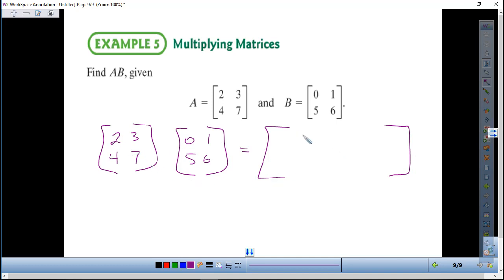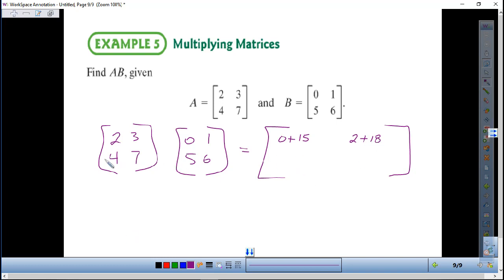For instance, if I'm doing my 1, 1 element, I'm doing row 1, column 1, I'm going to do 2 times 0 plus 3 times 5. Row, column. 2 times 0, 3 times 5. All right, and for my 1, 2, row 1, column 2, 2 times 1, 2, plus 3 times 6, 18.